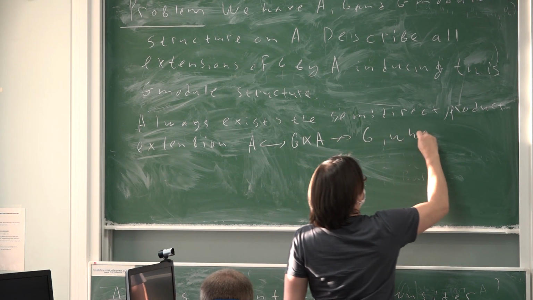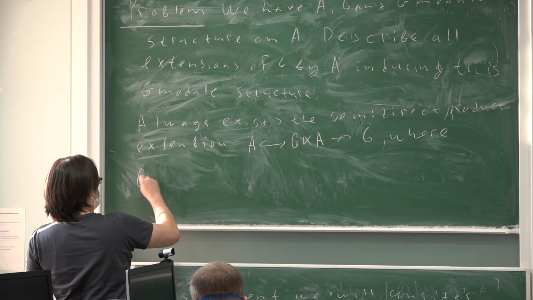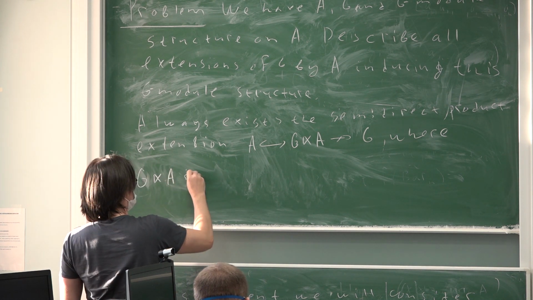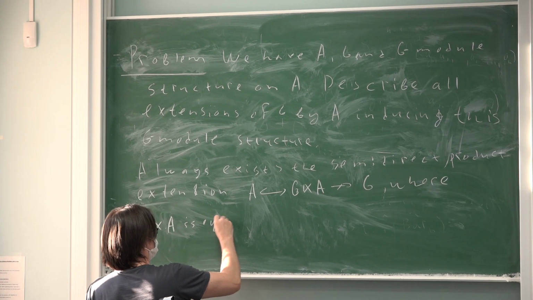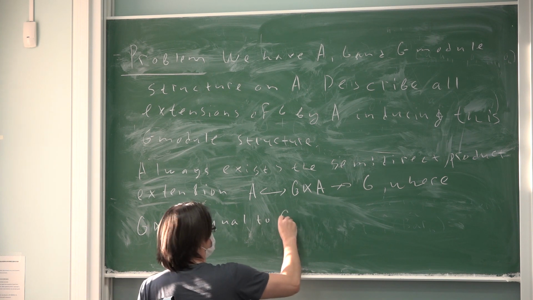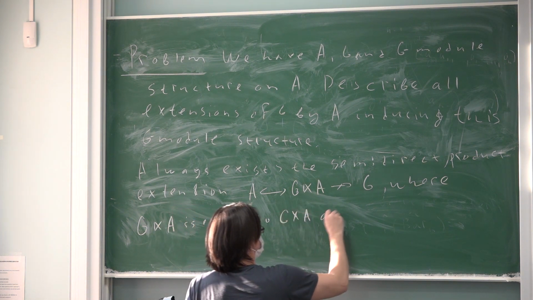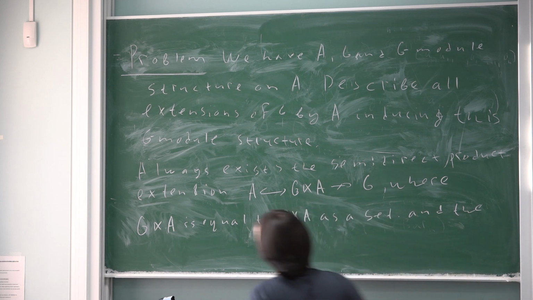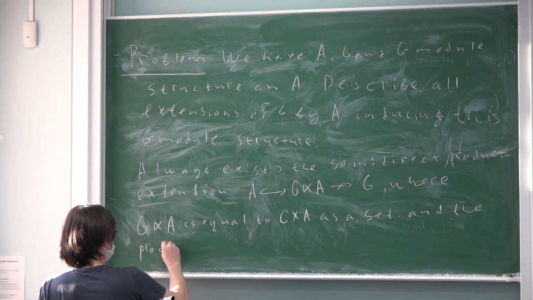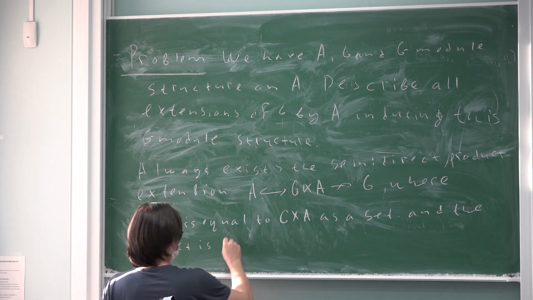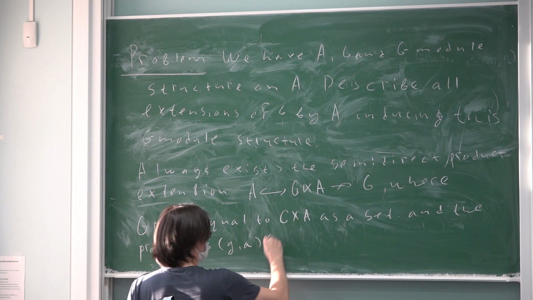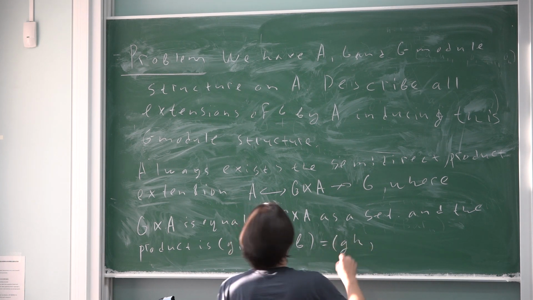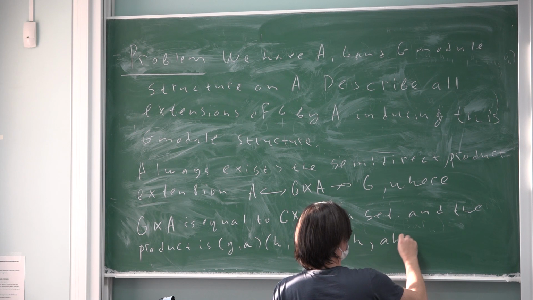What's this? Where G semi-direct A is equal to G times A as a set, and the product is (g, a) times (h, b) equals (gh, a^h + b).